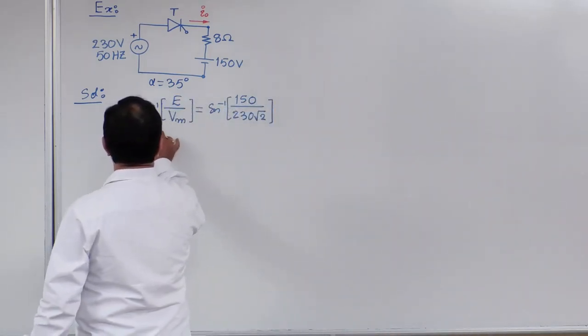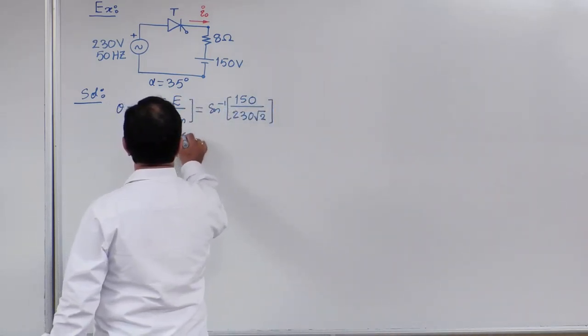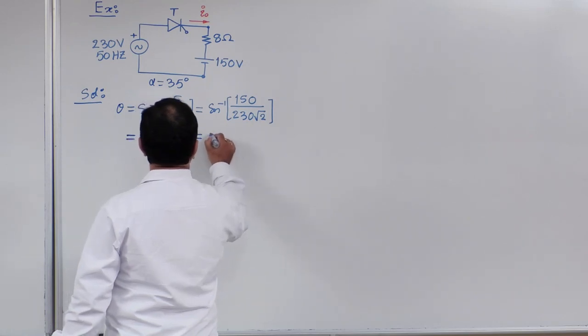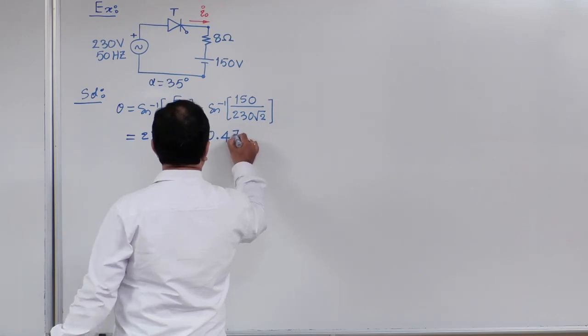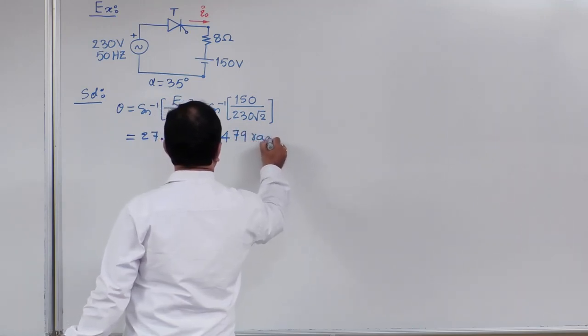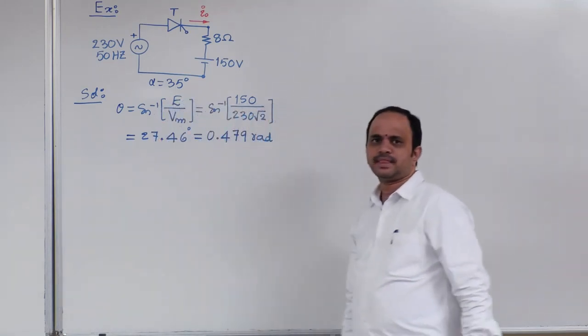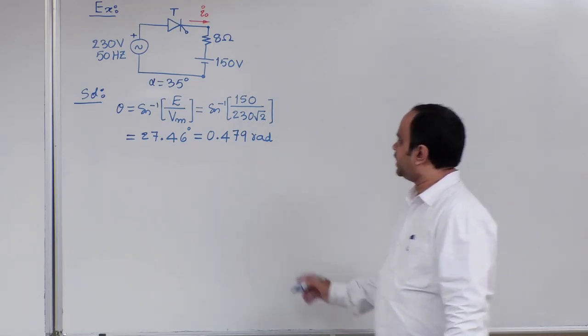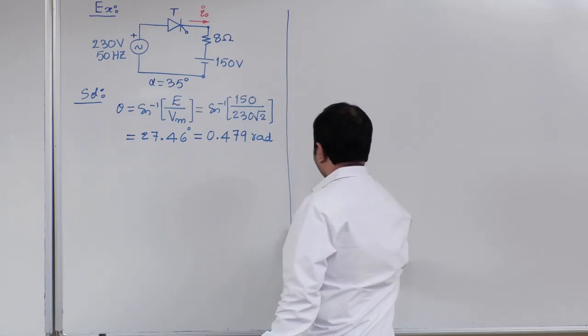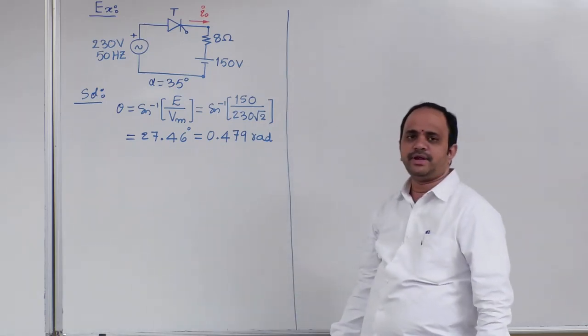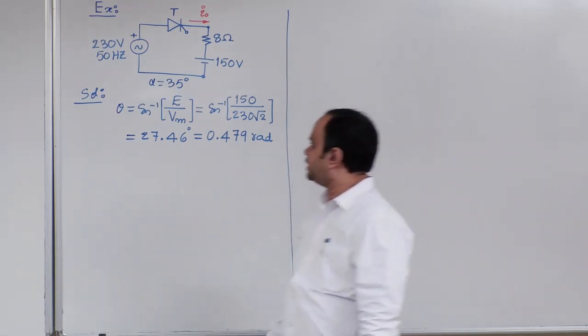So this value is 27.46 degree or 0.479 radian. Okay.